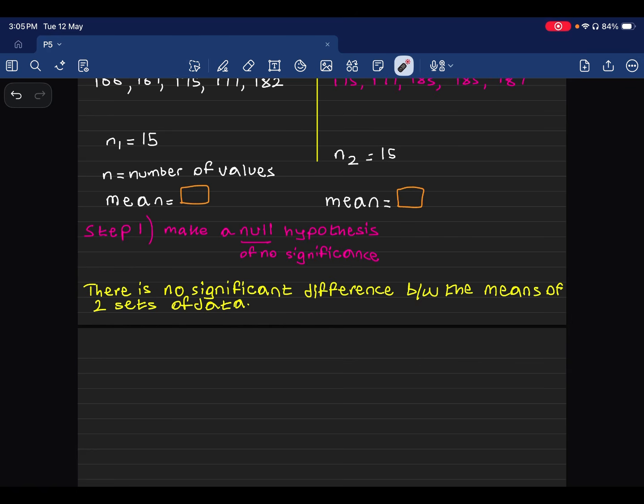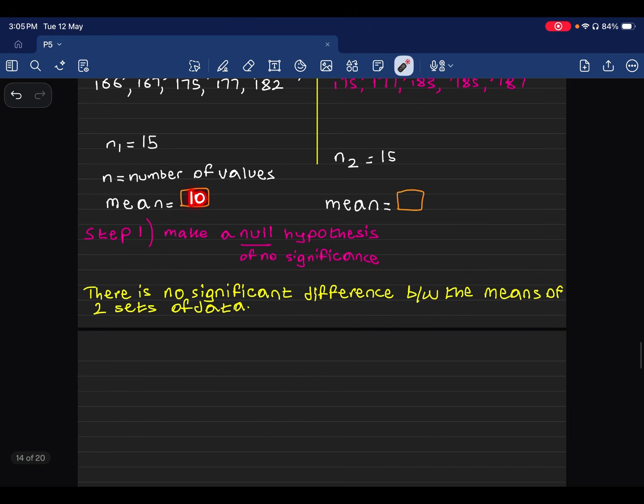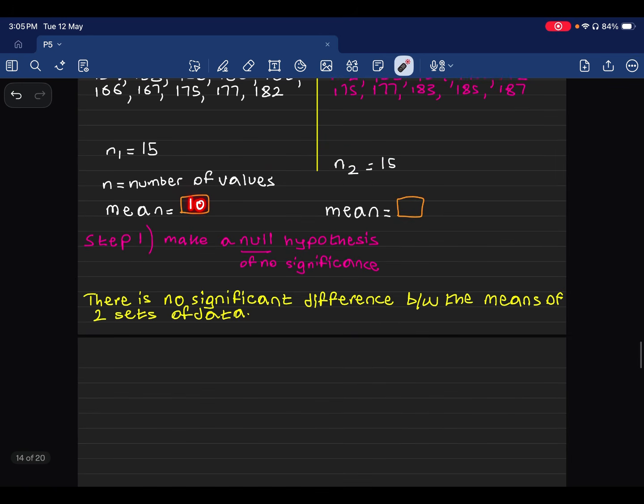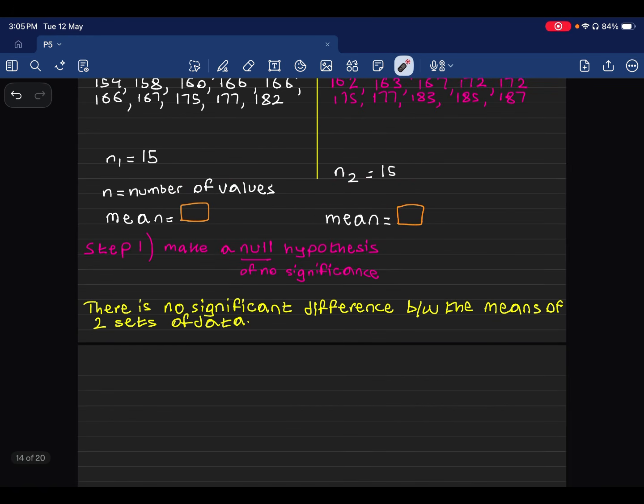Finding out if there is a significant difference or not by yourself, based on your opinion, it's subjective, right? Some people could say that 10 and 15, there's no significant difference. Some people could say 10 and 10.5, oh, that's a very big difference. It's a very subjective thing, right? Just like the way we perceive colors. Some people look at the color blue and they're like, oh, this is blue.